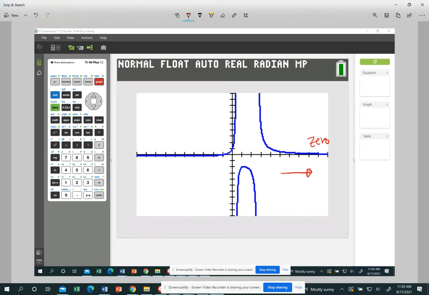Okay? All right. As I go towards left, do you see the blue curve? What number does it go to? 0. Very good. In calculus, there is a notation for this.